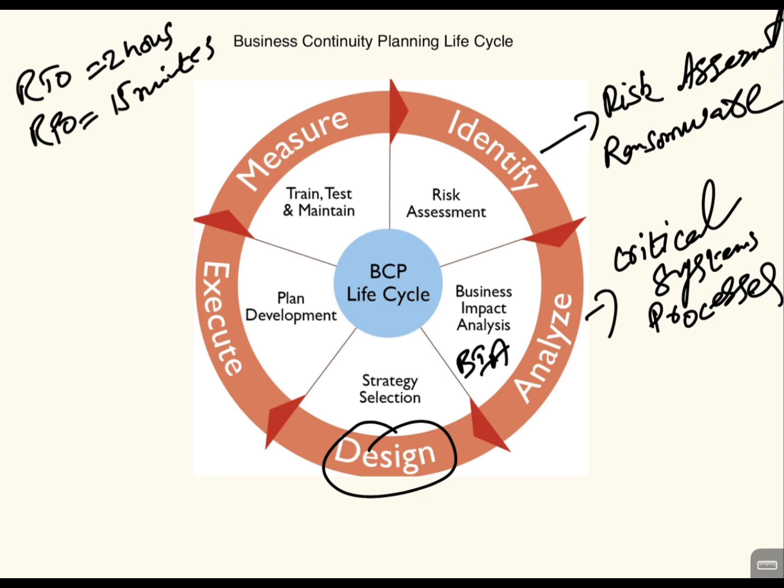Here we lay a plan for data recovery. For example, a cloud-based failover system to restore payment services within 2 hours, and maintain a 15-minute backup snapshot for minimal data loss. So here we select a strategy under the design step.